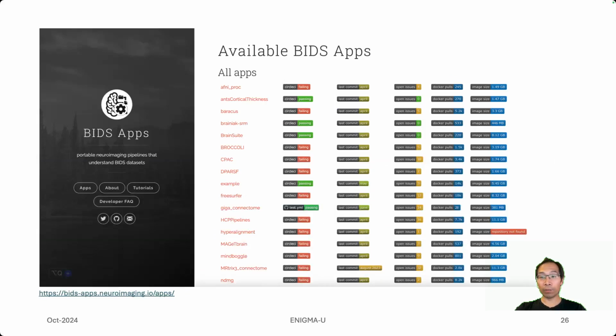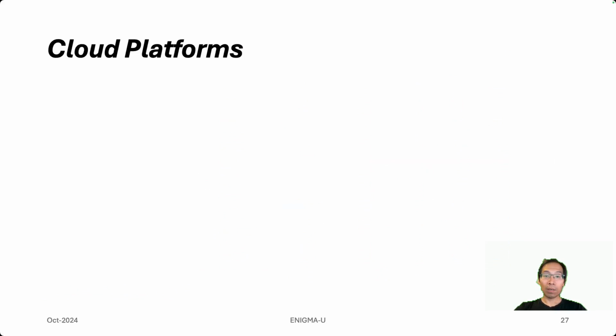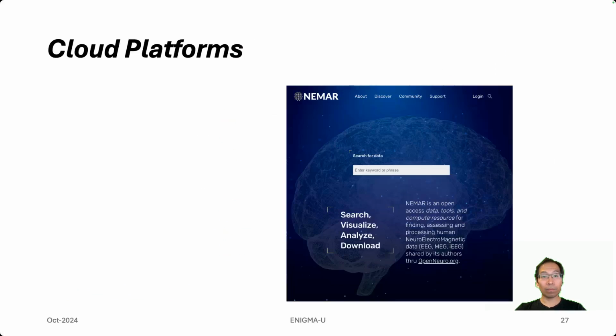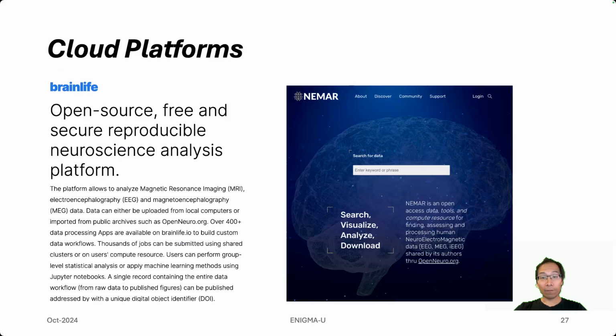It is very helpful for researchers as you can use almost all the major software and pipelines with BIDS. Besides these applications, there are also online platforms that can run your data analysis with these BIDS apps. Two popular sites are Brain Life and ENIGMA.